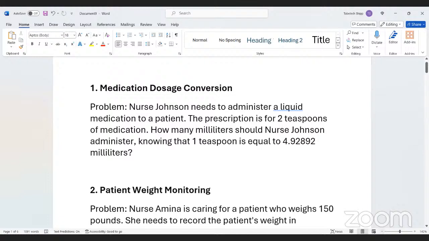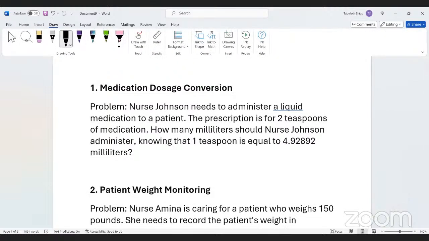So unlike the metric system where you're just simply moving your decimals to the left or to the right, in this particular example you're not doing that. You're actually having to set it up and do what's called dimensional analysis. If you look at your problem, it says Nurse Johnson needs to administer a liquid medication to a patient.